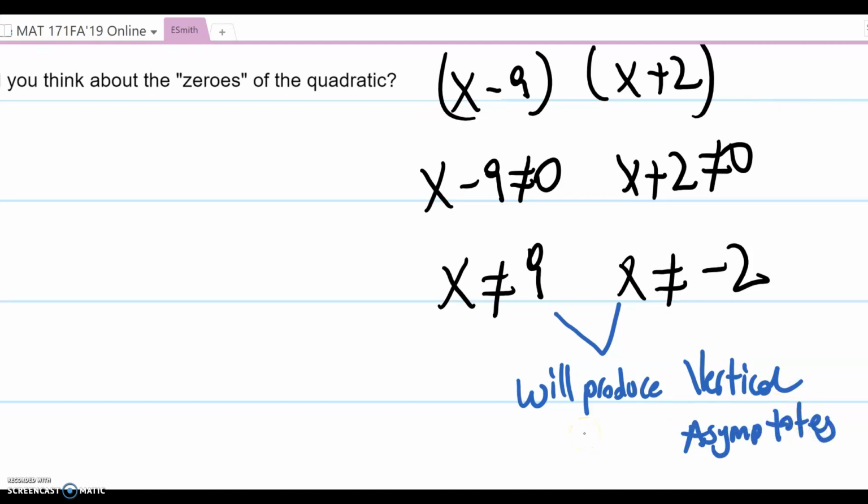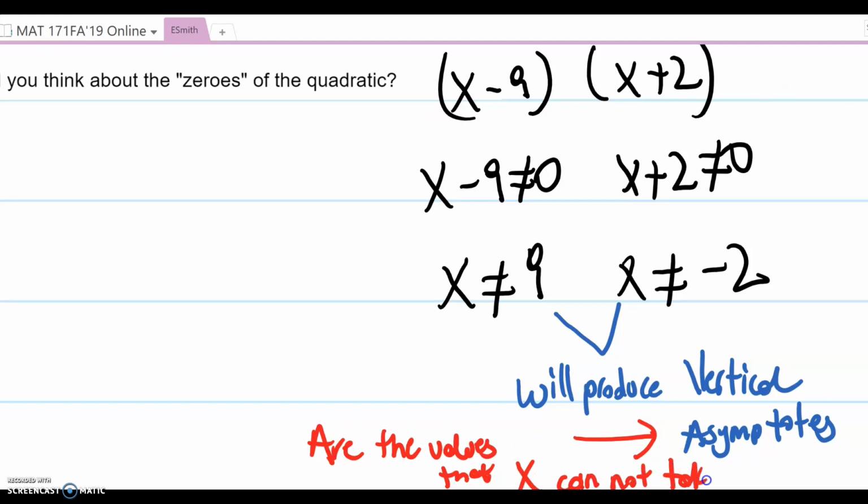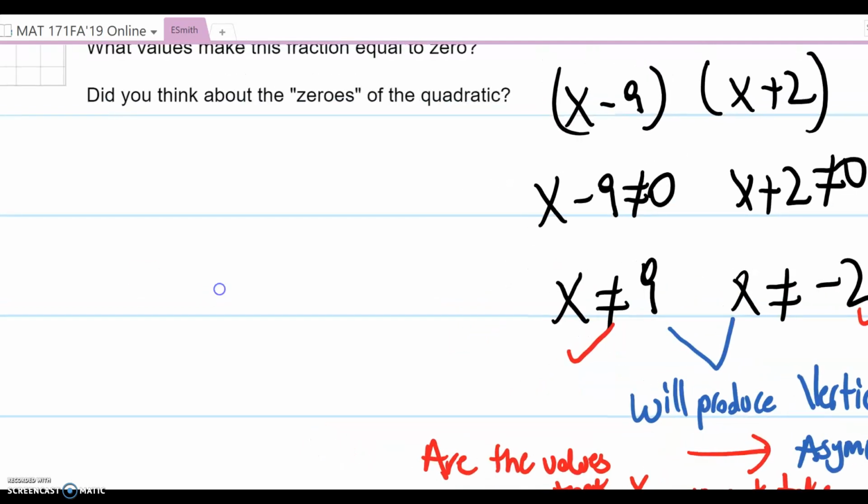This is what a vertical asymptote means. A vertical asymptote causes the function to become undefined. Vertical asymptotes are the values that x cannot take. So then, if we agree on it with the picture, right?